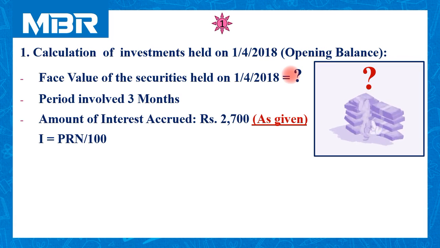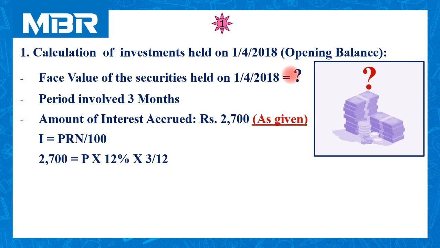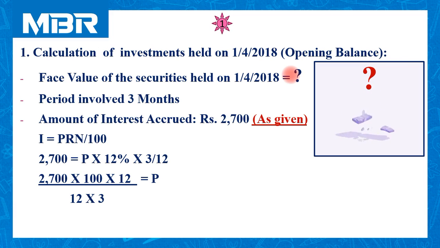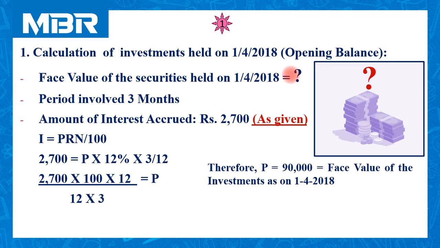The rate of interest is already given in the question, and the period that we have computed is 3 months. Use all the information and apply it in the formula so that you can calculate the value of P. P stands for principal amount and P equals 90,000.